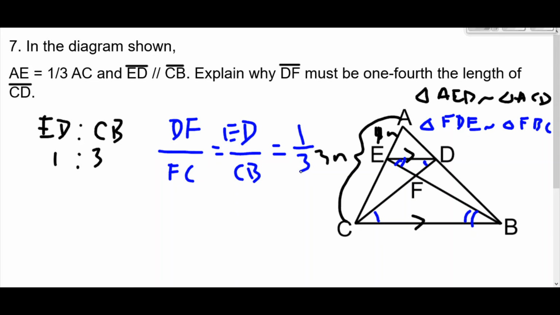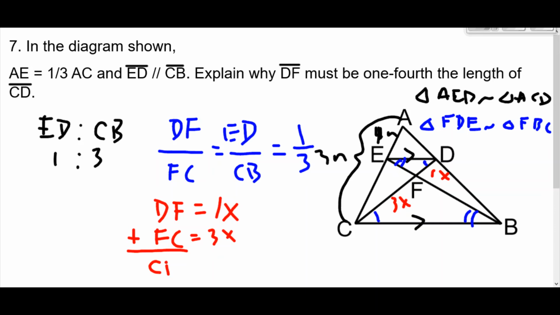So okay, well, we're still trying to figure out, why is DF 1/4 of CD? Wait a minute. We see here that if we call DF 1x, and FC is 3x, that would mean that if we add them together, the sum, in this case CD, would equal 4x.